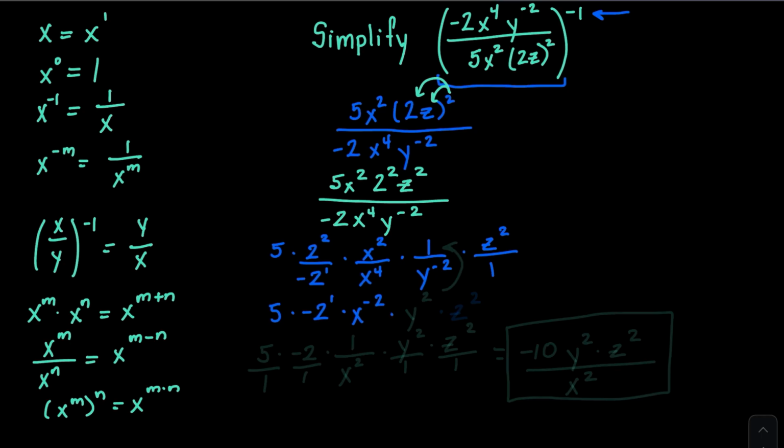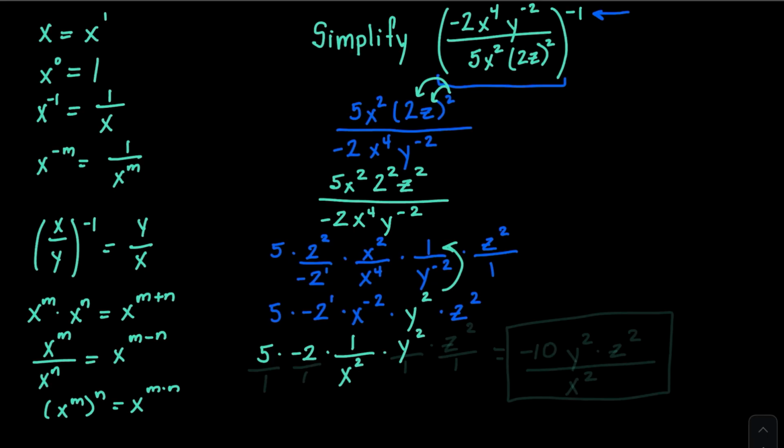A negative exponent in the bottom becomes the reciprocal, so it's going to move to the numerator. So it's going to become y to the +2. And then z squared stands alone. Okay, next, 5 is alone. -2 is alone. X to the -2 needs to move to the bottom.